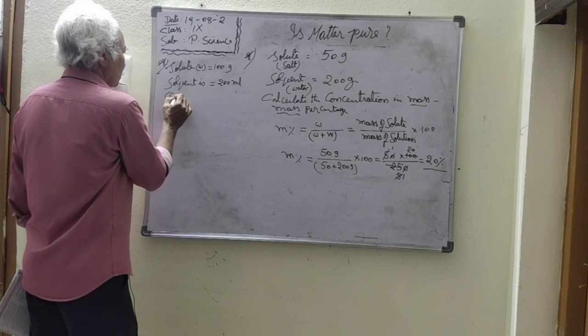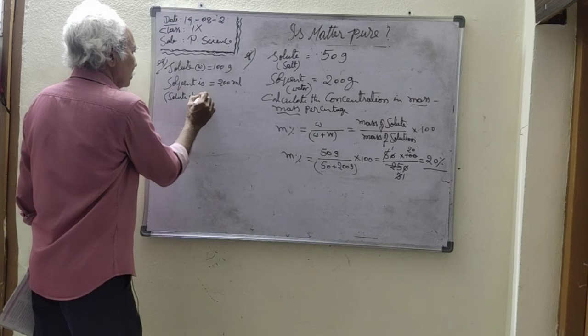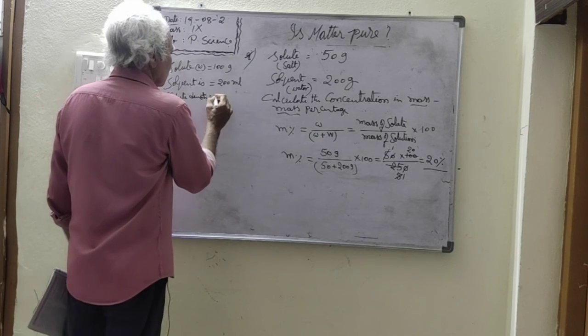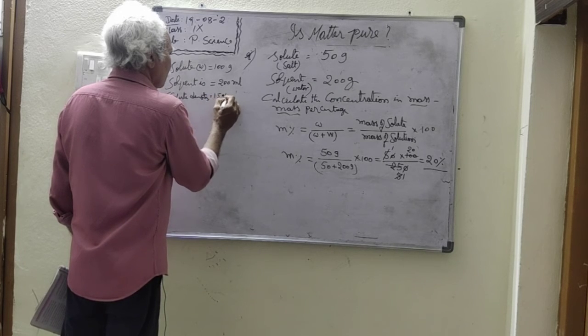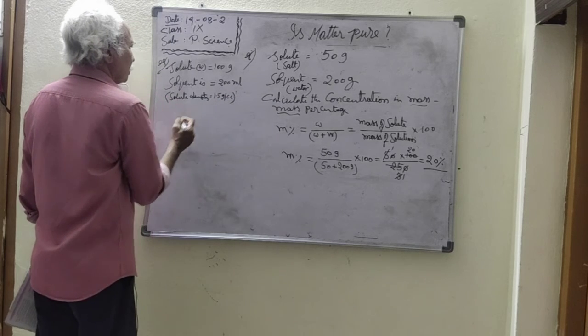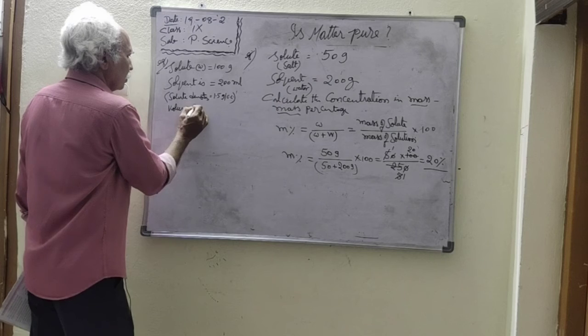The density of the solute is 1.5 gram per cc. Now you can find the volume of the solute.